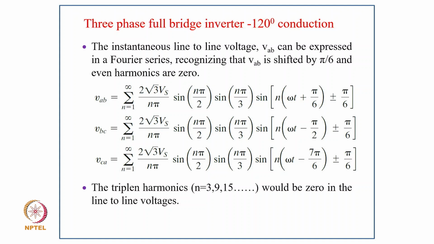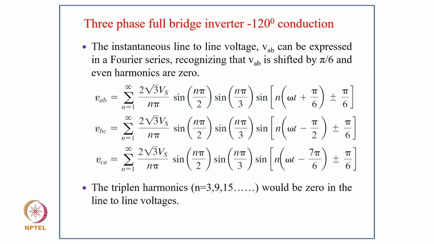So VAB equal to sum over n equal to 1, 3, 5 to infinity, that is root 3 Vs upon n pi, sin n pi by 2 into sin n pi by 3 into sin in bracket n omega t plus pi by 6, plus minus pi by 6.